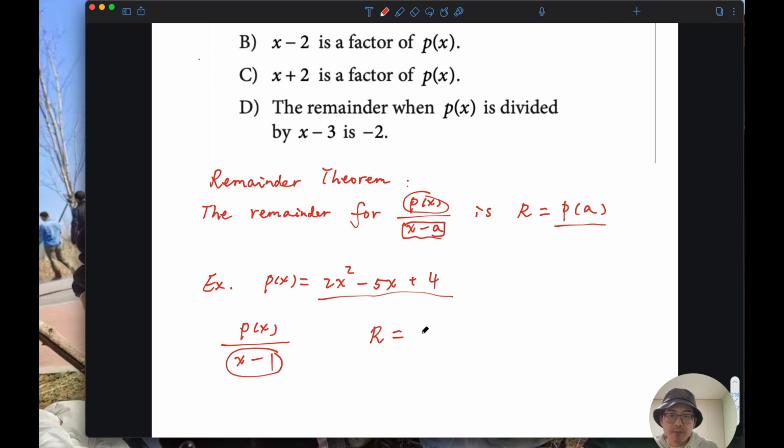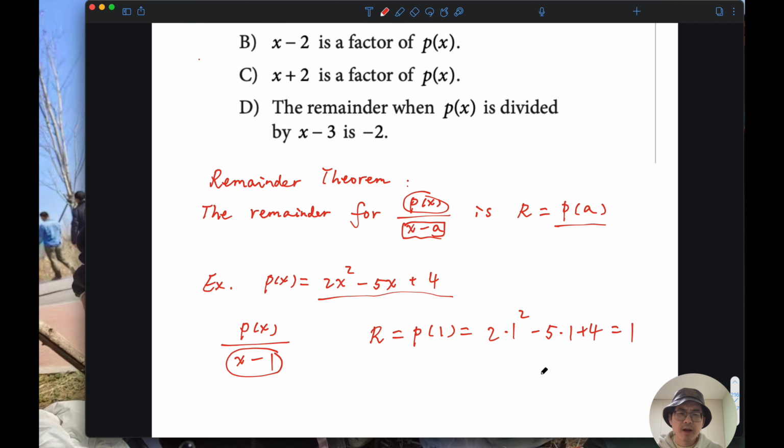So the remainder will be p of 1. Plugging x equals 1 into the function, I get 2 times 1 squared minus 5 times 1 plus 4, and this is 1. So I can say the remainder is 1.